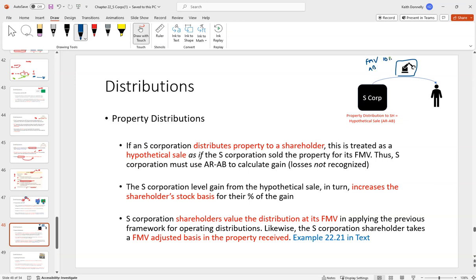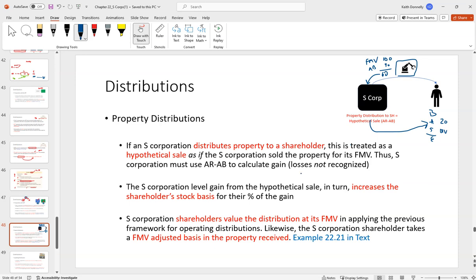Let's just say it's 100 and our adjusted basis is 40. We have a $60 gain at the S Corp level. But we have our shareholder over here, and we have to make sure that he gets in his basis his percentage of that gain. Maybe he's a 1/3 owner. And then we have to back out the dividend as well. So that's the idea here.